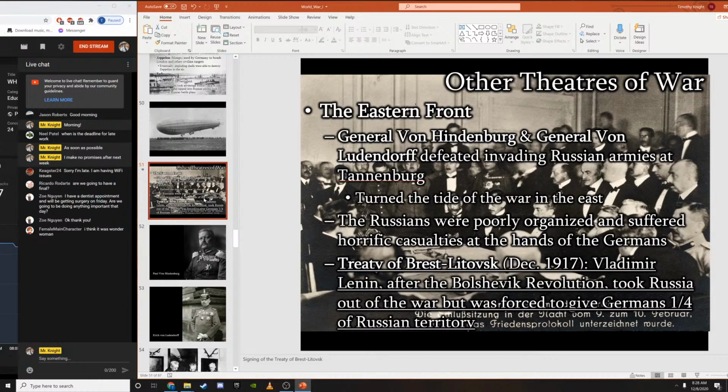They hate one another, and the Russians in particular lost 5 people for every 1 person that the Germans lost. Okay, I want you to consider those numbers. In terms of casualties in the conflict, the Russians lost tremendous numbers of people.